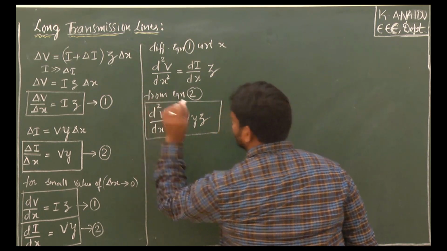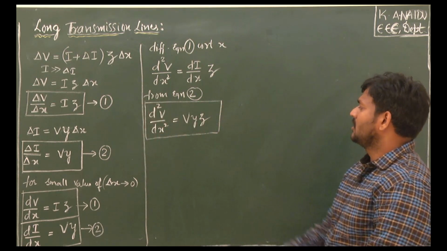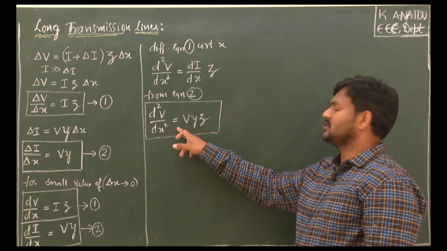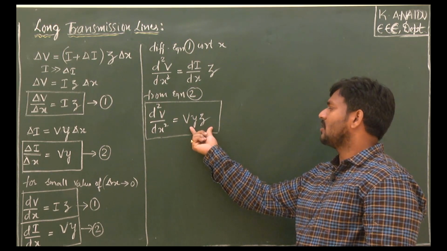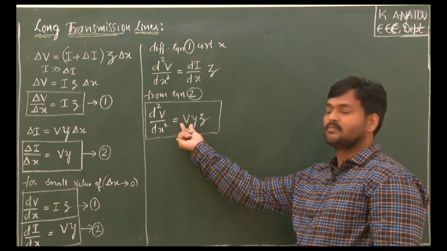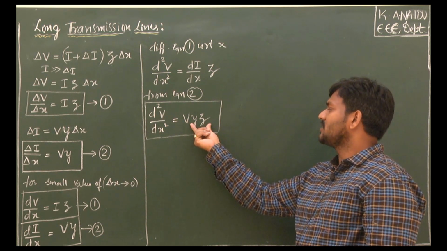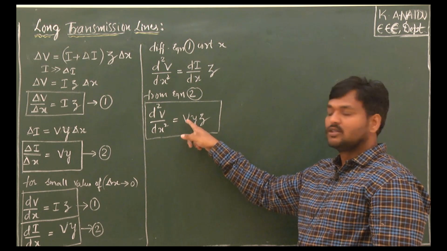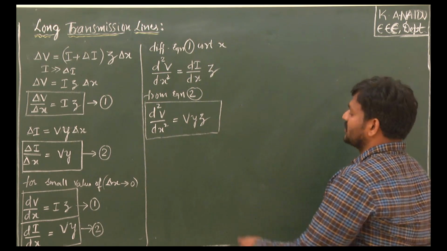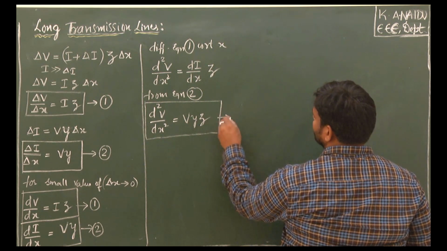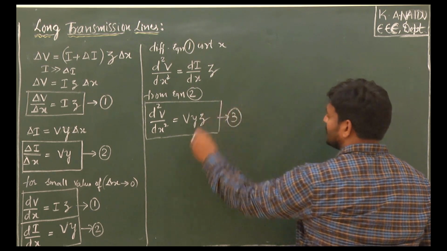Now, this equation is in the form of d square y by dx square is equal to some function of x into y. So let us take the number for this equation. This is equation number 3.